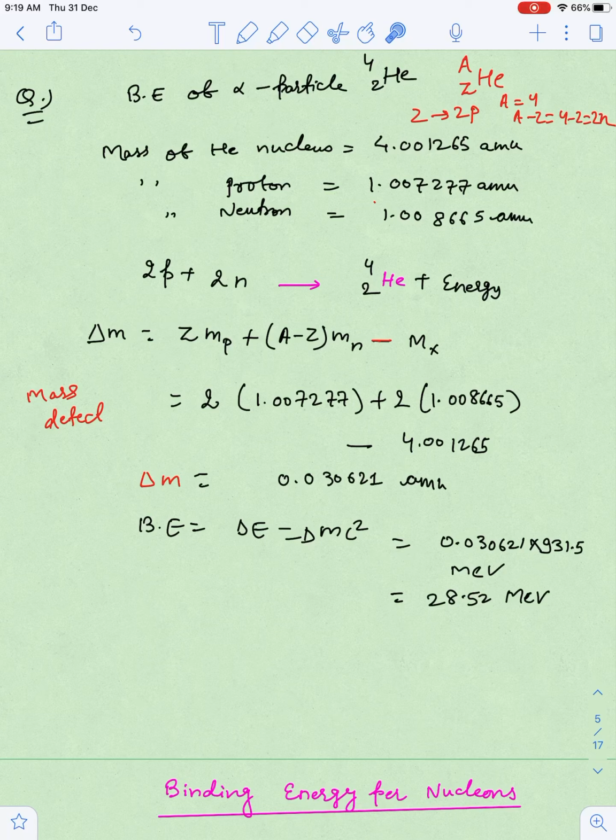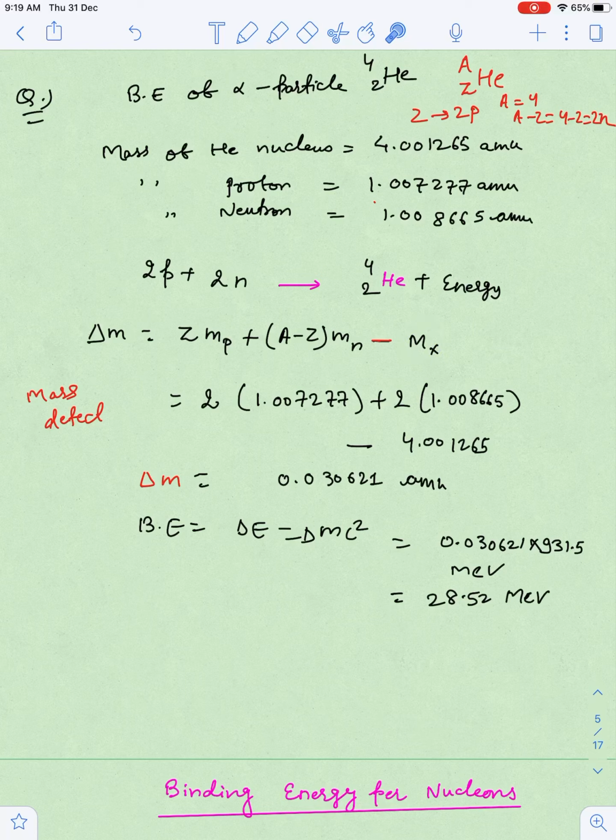Z into mass of proton plus A minus Z into mass of neutron minus M x, where M x is the mass of this nuclei. I have to calculate the defect in mass, the difference between the nucleons' masses and the actual mass of the nucleus. So delta M is equal to Z into mass of proton plus A minus Z into mass of neutron minus M x.